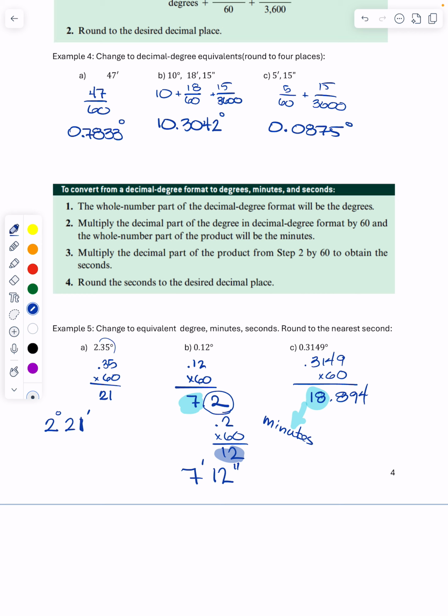That's what I got when I multiplied by 60. Now I'm going to take my 0.894, multiply by 60 again. Keep in mind, I have already multiplied by 60 once, which is why we're not multiplying by 3,600. We're just multiplying by 60 twice. And I get 53.64. Now, these are my seconds.